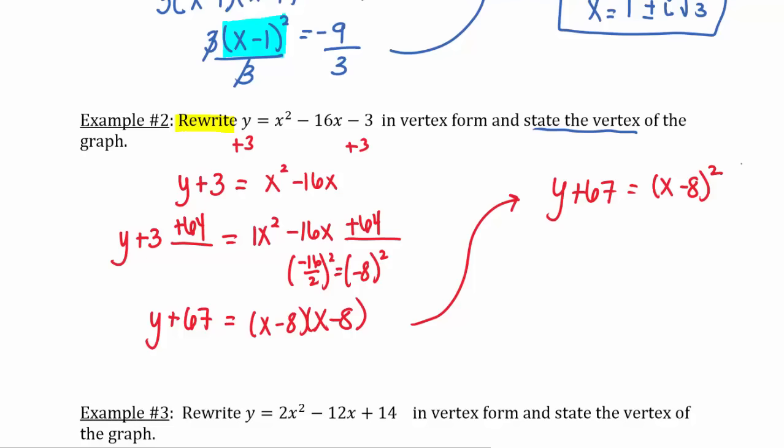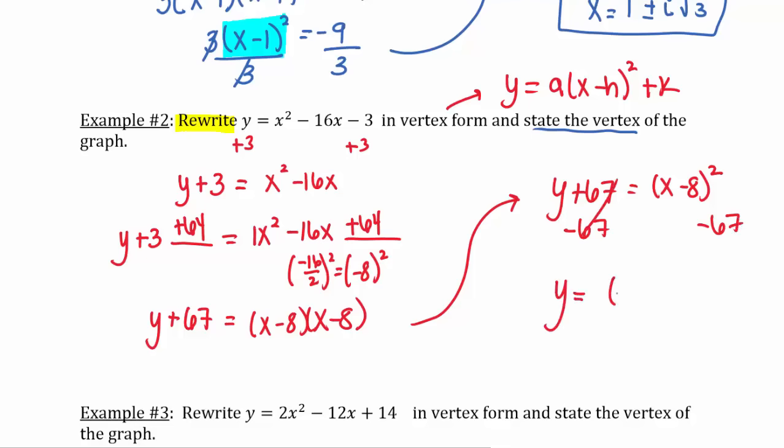And again, we're rewriting it in vertex form. So vertex form was y equals a times x minus h squared plus k. I need to have y by itself, so I have to subtract 67. That leaves me with y equals x minus 8 squared minus 67.